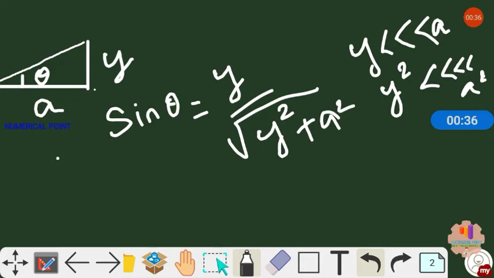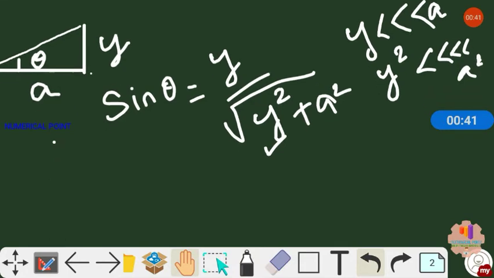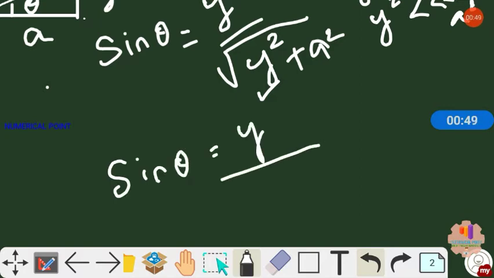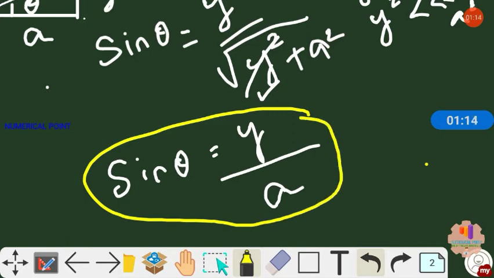So we can neglect y squared in the presence of a squared. Then sin theta will be y divided by the square root of a squared, which is a. So our value of sin theta that we have found is y by a.